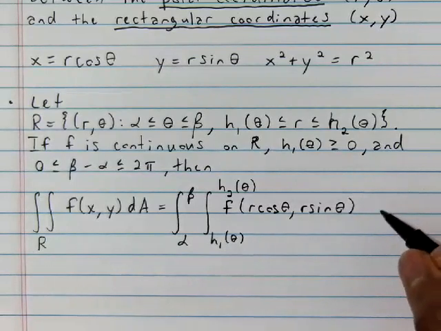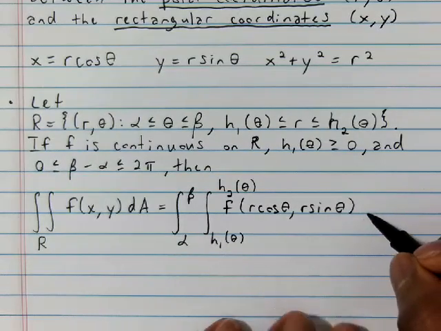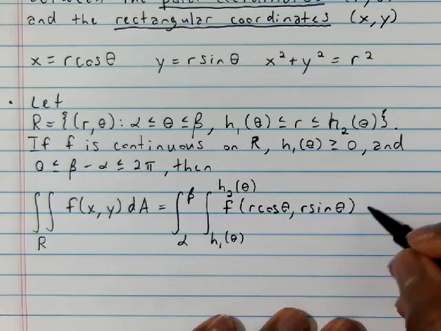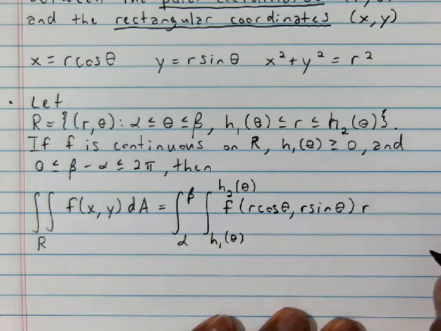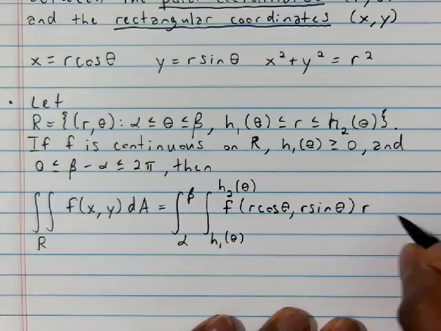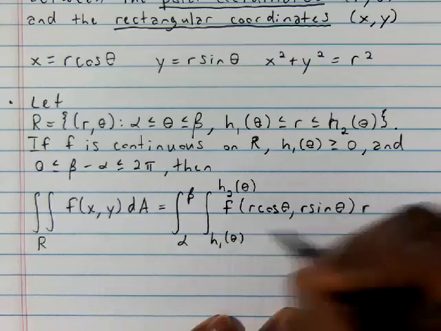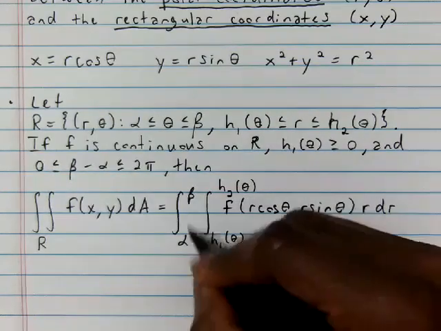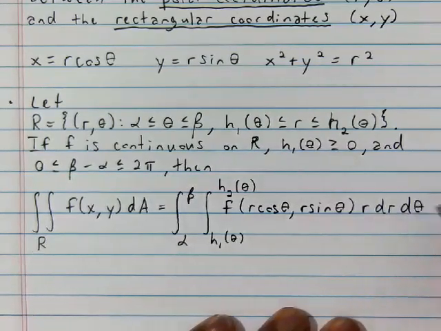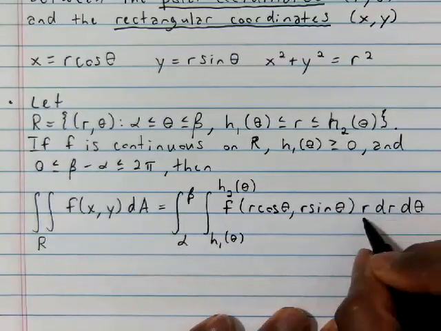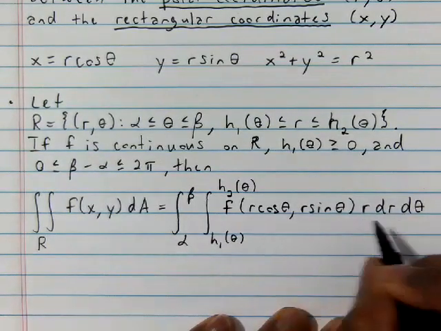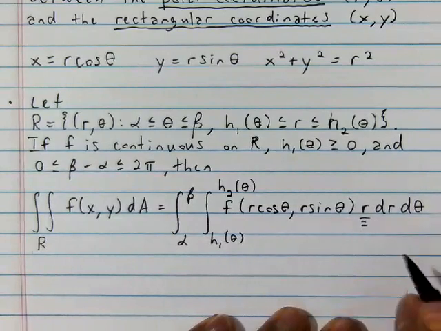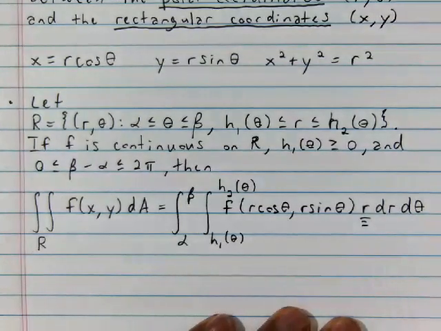And now our integrand is going to have another aspect to it. There's always going to be an r in there. So that's dr, and these are thetas, that's d theta. When you switch to polar coordinates, don't forget to include that r in your integrand. You're going to have to insert that in there whenever you switch to polar coordinates.